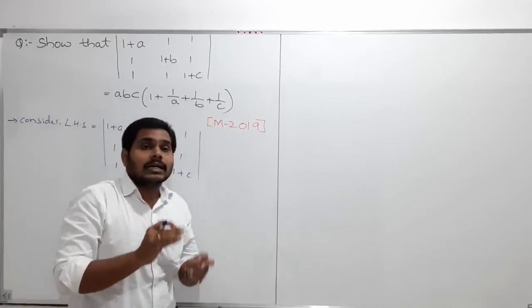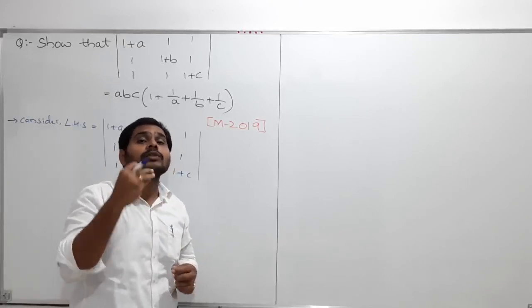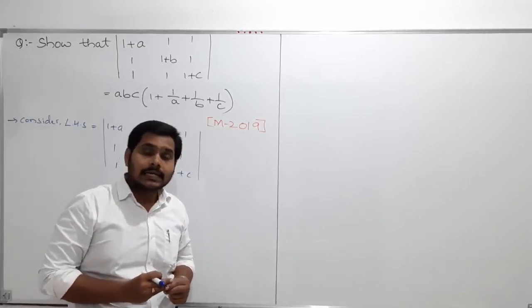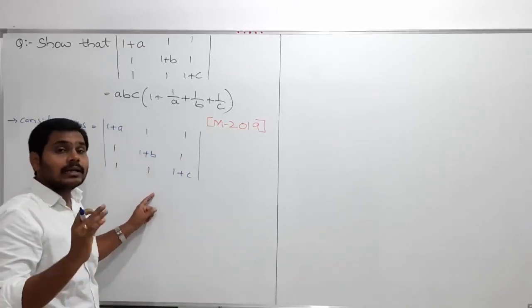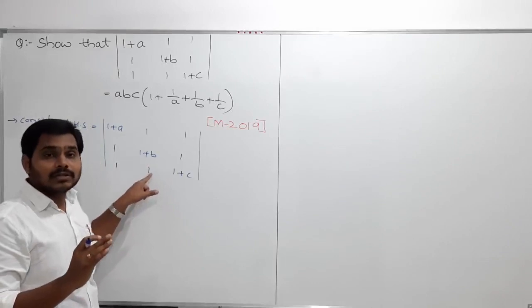So it is just thinking in your mind. How to think, that I am telling you. Clear? So first I will solve here. After solving, you will easily understand why I am using the operations.